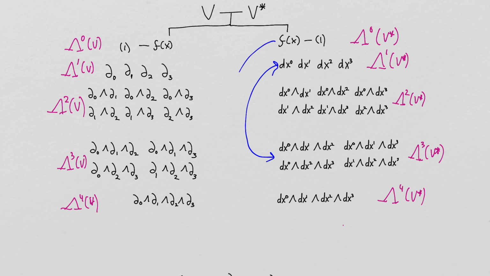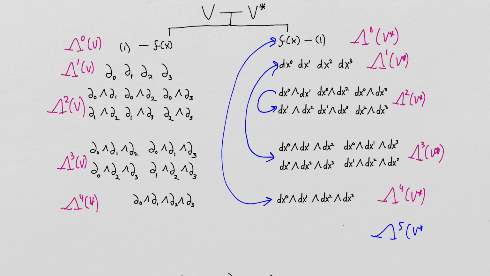And likewise, can I create a correspondence between the 0th exterior power and the 4th exterior power? And as far as the second exterior power goes, can I create a correspondence between vectors of that exterior power and itself, right?